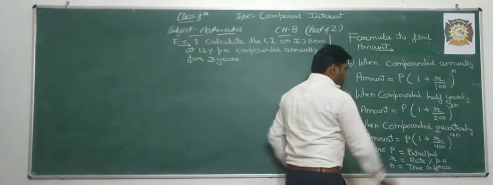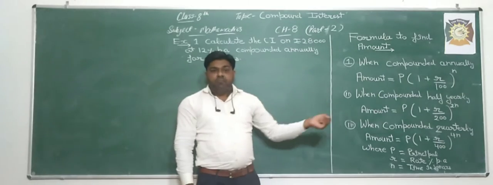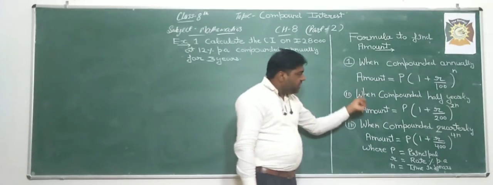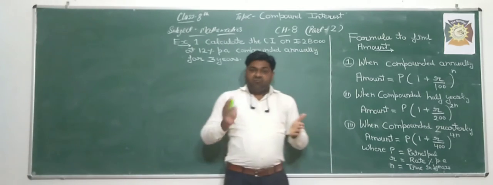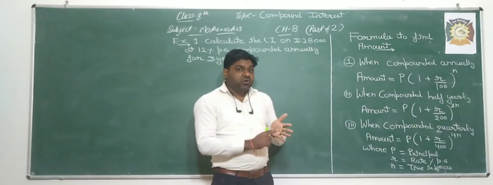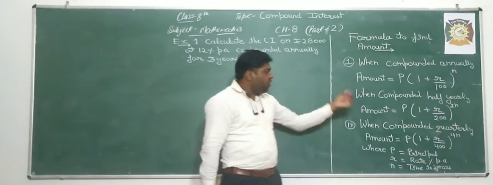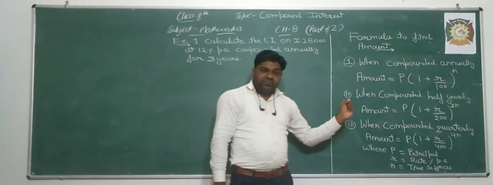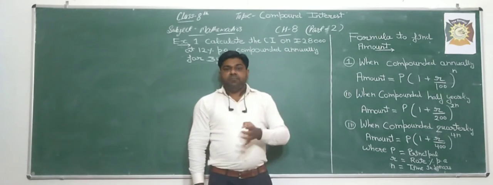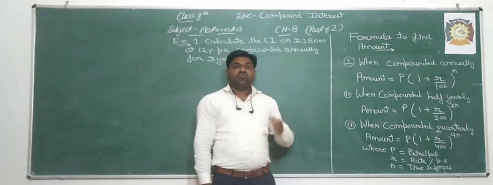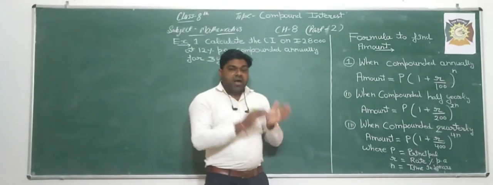And the second case: when the interest is compounded half yearly, then what do we have to do? We have to convert the time given in years into half years, and because the rate percent is given per annum, we have to convert the rate also into per half year.